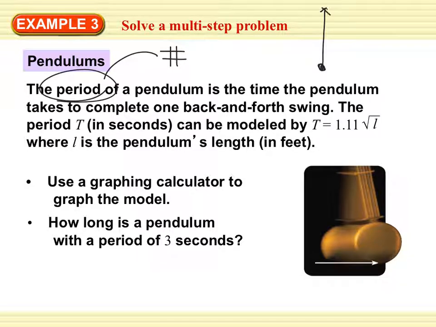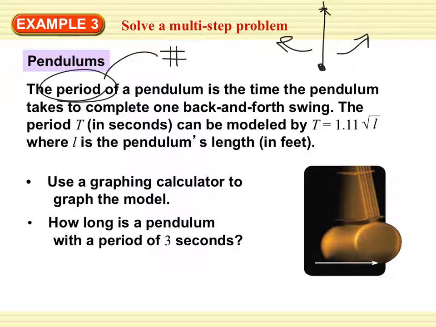It's sort of held up here and it swings left and right. The period is the time it takes to complete one back and forth swing. So wherever it starts, it has to go back to the spot.